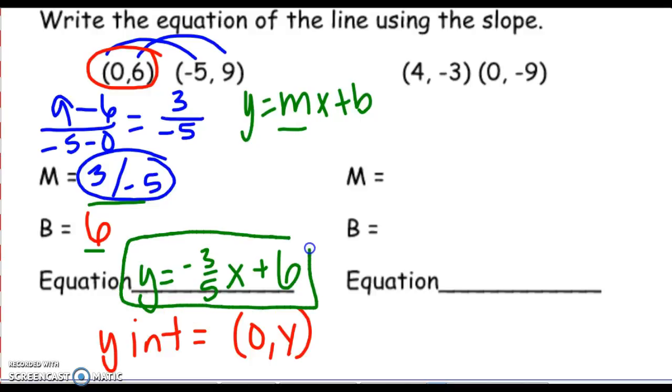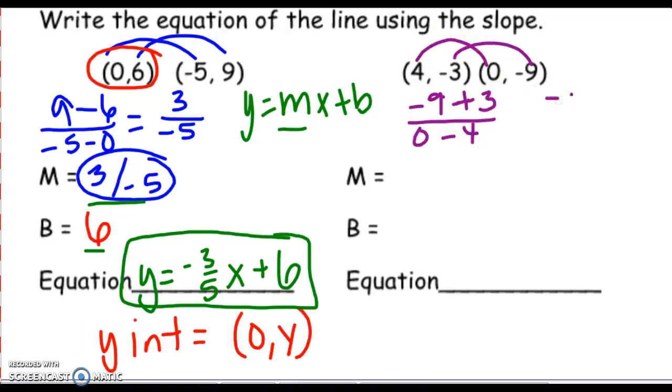That is my equation. I'm going to move to the next one, and I'm going to find my slope first. I'm going to do a negative 9 minus a negative 3, which becomes plus, over 0 minus 4. So I now have a negative 6 over a negative 4, which I can reduce to a negative 3 over a negative 2, and since it's a negative over a negative, that becomes positive.